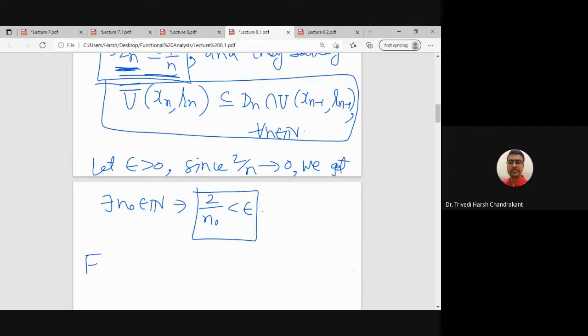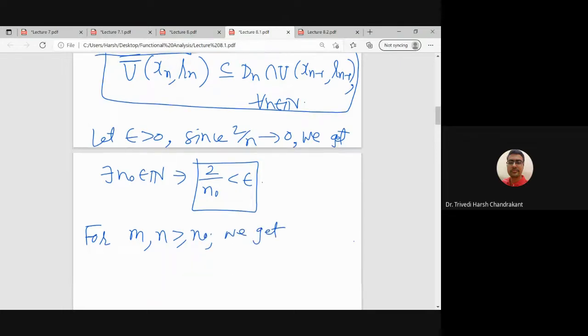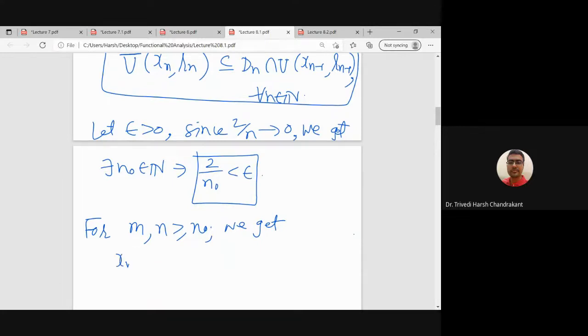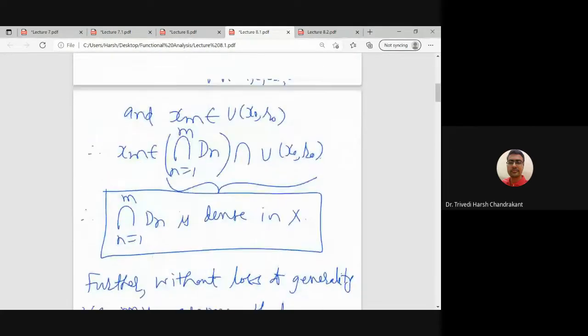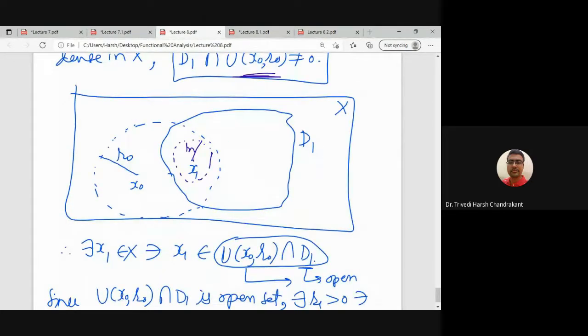So for all n and m greater than or equal to n0, we get xn and xm both belong to U(xn0, rn0), because we observed that at each stage each xn belongs to the previous stage.